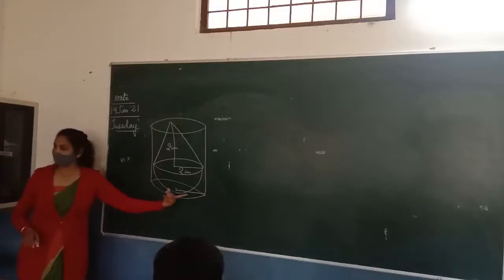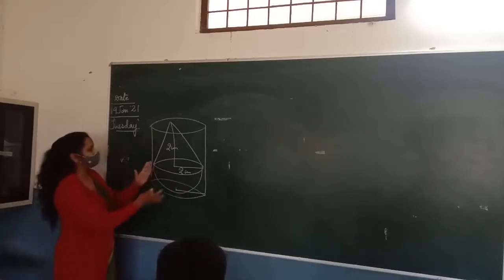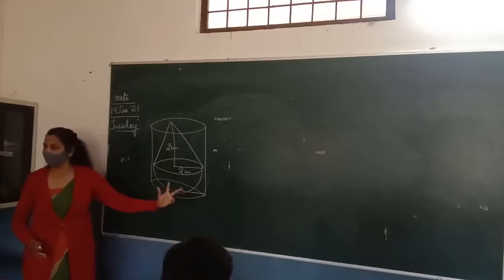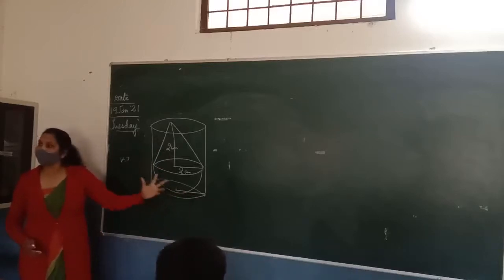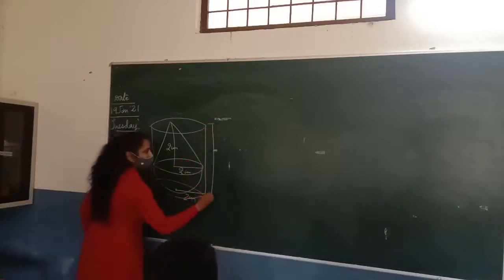So what should be the radius of the cylinder, Priyanshu? If it is given that this cylinder is totally circumscribed around this toy, what should be the radius of the cylindrical portion? 2 centimeter. And what should be the height of the cylindrical portion?